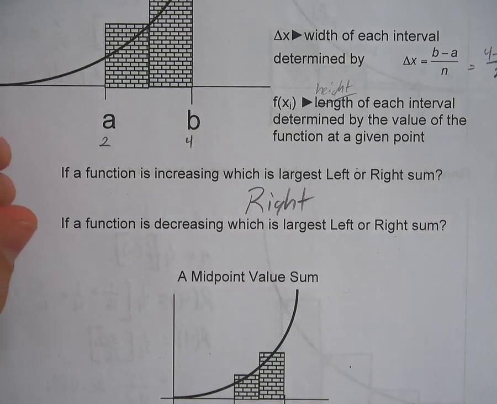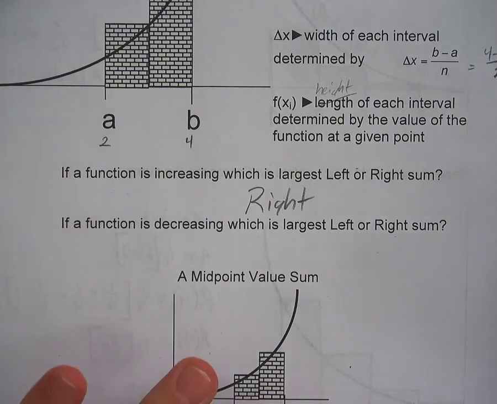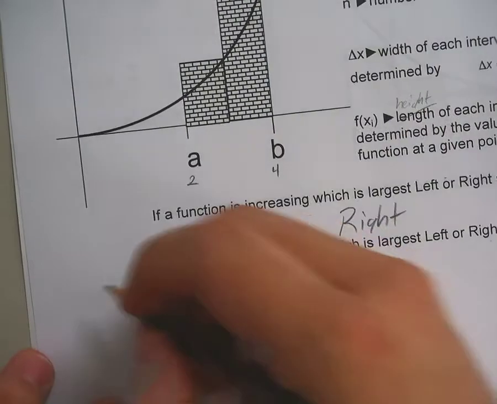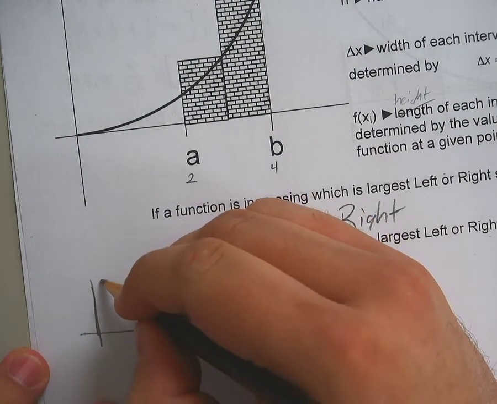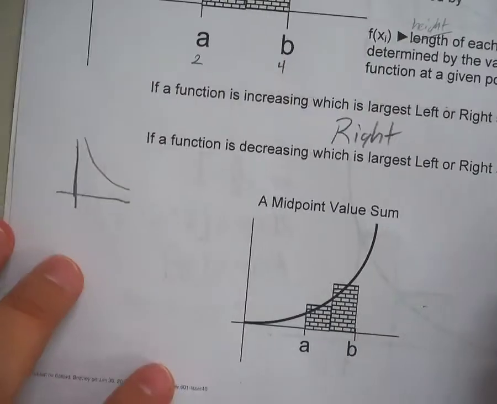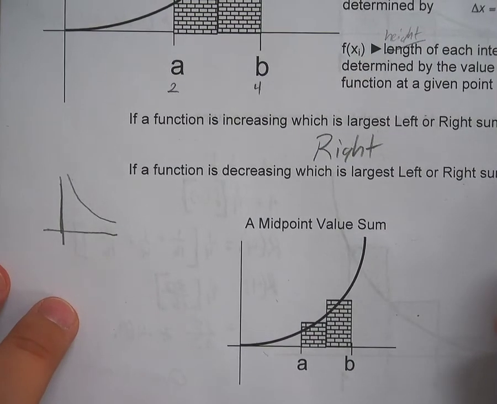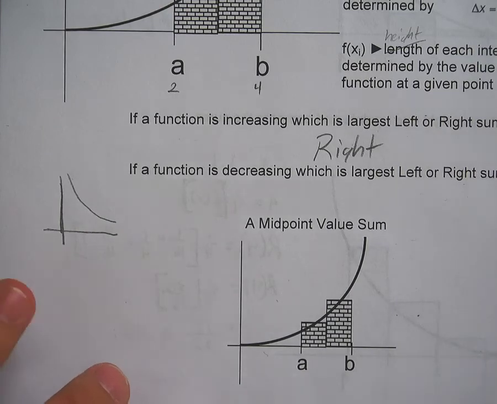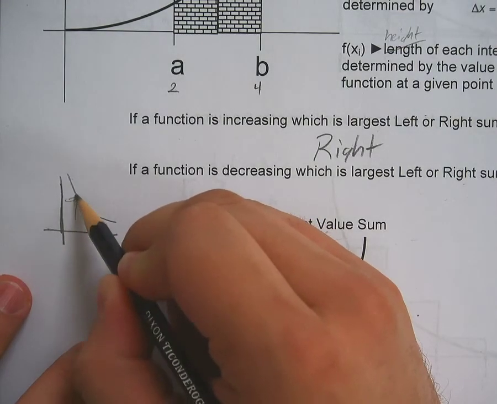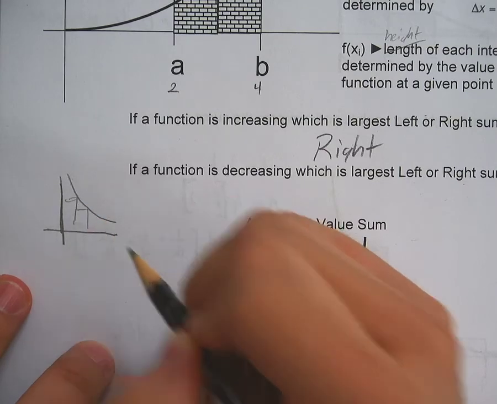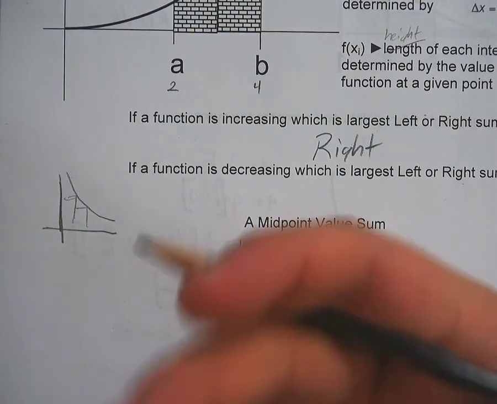Now, if your function is decreasing, it's going to look something like this. Let me do it over here. Let's say a function is decreasing. Which one would be the largest, left or right? Well, the right-hand sum would come down like this, with the right-hand points touching, so I would have an underestimate.